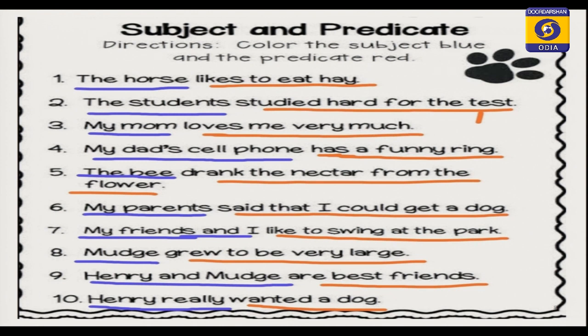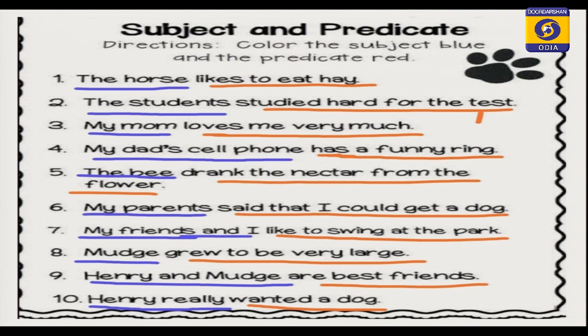My parents is the subject, said that I could get a dog is the predicate. My friends and I is the subject, like to swing at the park is the predicate. Max is the subject, grew to be very large is the predicate.